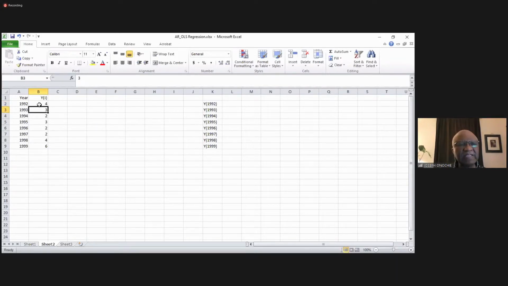The fact that for 1992 this variable took a number 4 has nothing to do with the fact that 1993 return is 3. The fact that this is 3 has nothing to do with the fact that this is 2. The fact that this is 2 has nothing to do with the fact that this is 3. If that is so, we say this whole sequence is a white noise process.